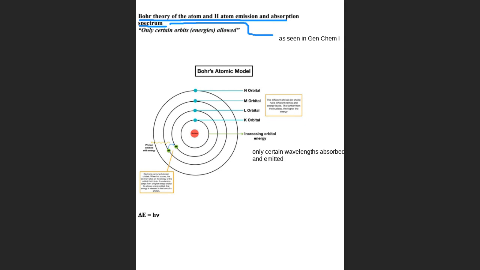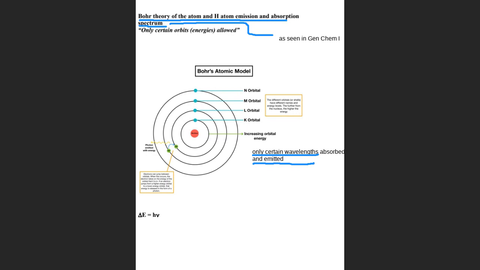To explain the fact that only certain wavelengths are absorbed or emitted, theorist Bohr invented a model of the hydrogen atom, with which we're all familiar, which is that the hydrogen atom is like a tiny solar system.